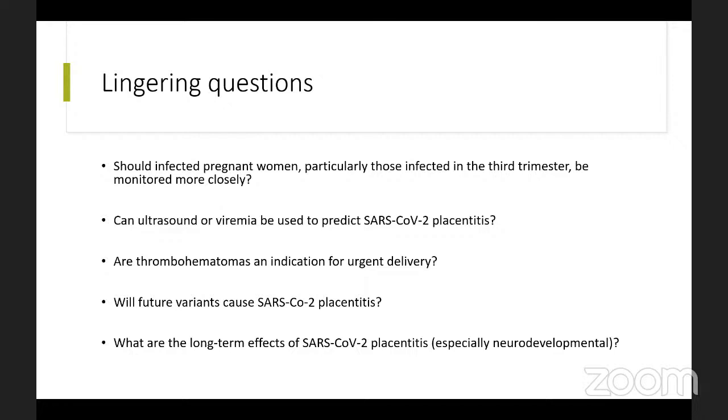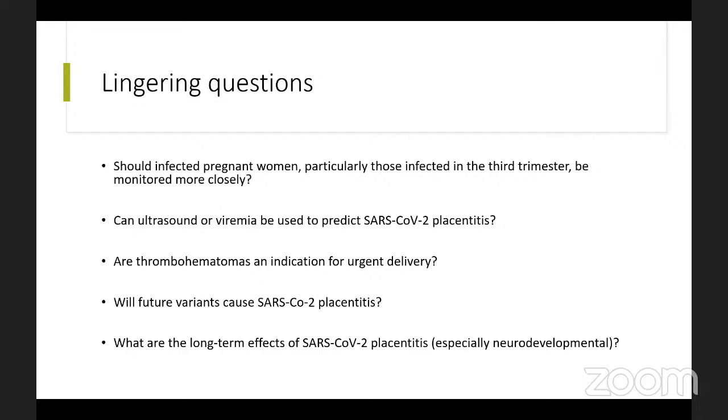So first, of course, is the simplest, which is that infected mothers probably need to be monitored more closely, particularly those infected in the 3rd trimester. And one of those questions is, can we now use ultrasound or perhaps viremia as ways to predict SARS-CoV-2 placentitis? And in those cases, follow those mothers very, very closely.